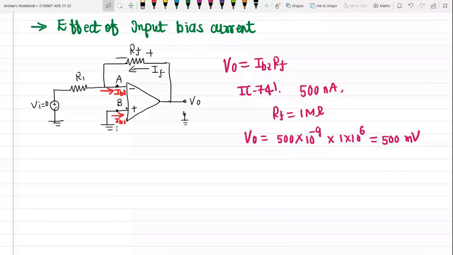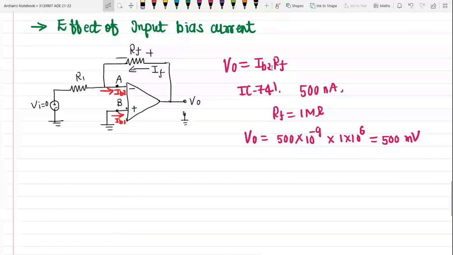The key point here is that the input bias current changes the output offset voltage by this amount, IB times RF. This is because practically IB1 will be equal to IB2, and that is equal to IB. These currents are very small, and this is the reason why we consider the scenario IB1 equal to IB2 equal to IB.